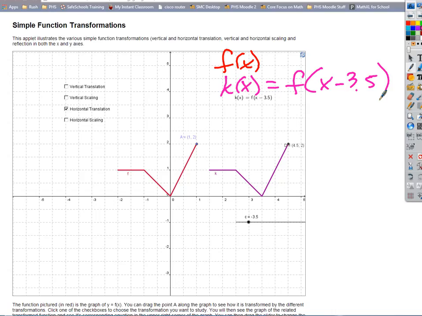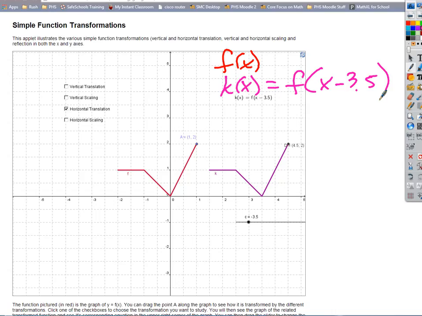We're not concerned with that at this point. But it knows that if I feed it a 0, it's going to have a y value of 0. Now, if I want the function to be seeing a y value of 0 instead when I feed it a value of 3.5, how am I going to accomplish that?